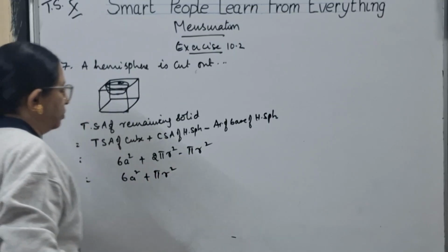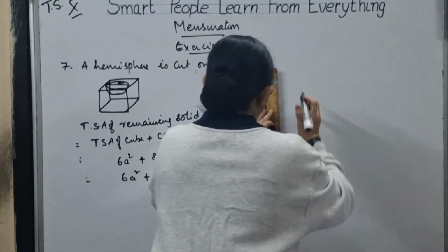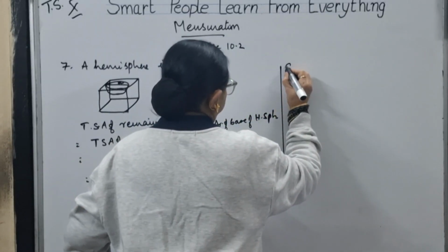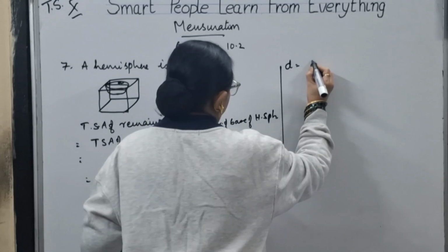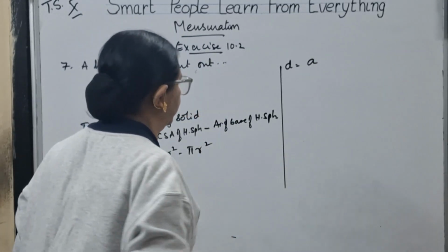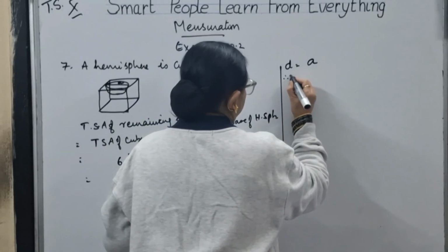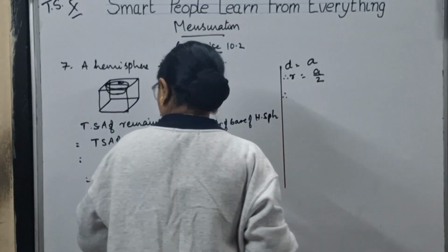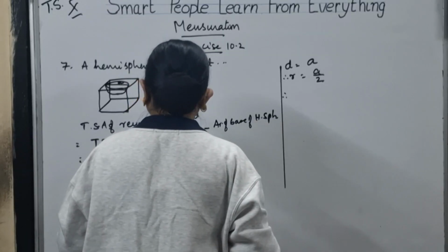Now in this case, children, what did they say? The diameter of the hemisphere is the side of the cube. d is equal to a they have given. That means what is the radius? a by 2.